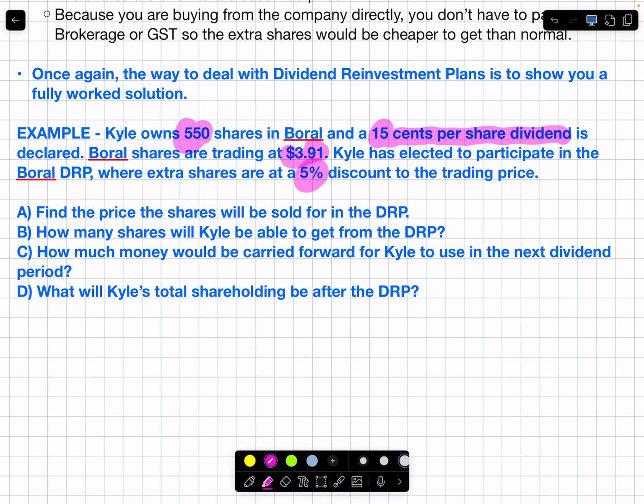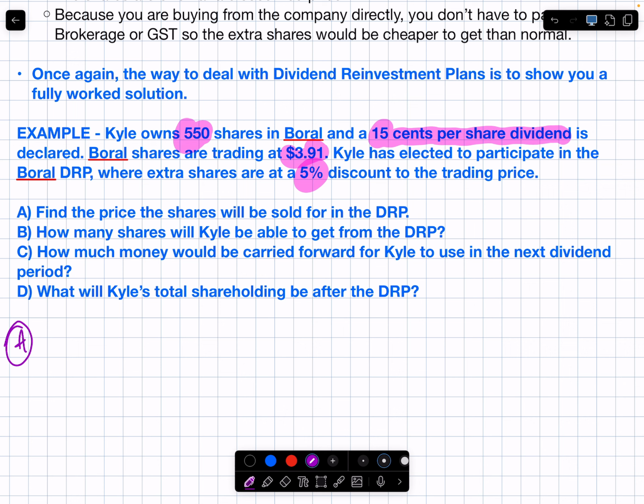It might be nice. Find the price the shares will be sold for in the DRP. What's the discount being applied here? 5%. So if I know that the shares are currently $3.91 and it's 5% cheaper, there's two ways to handle this. You can work out what 5% is and take it off. Or is there a quicker way?